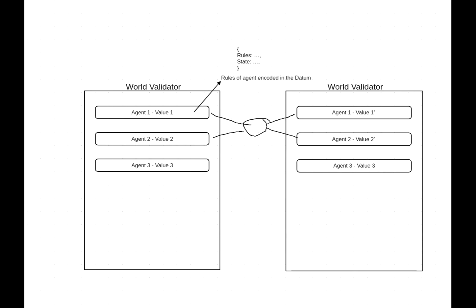You could, of course, have a field in the datum, just a list of agents. In agent 1's datum, you could have a list of agents with which it has already interacted, and the transaction could update that. That's one way to track it in the datum. Another would be to have a special token for that.